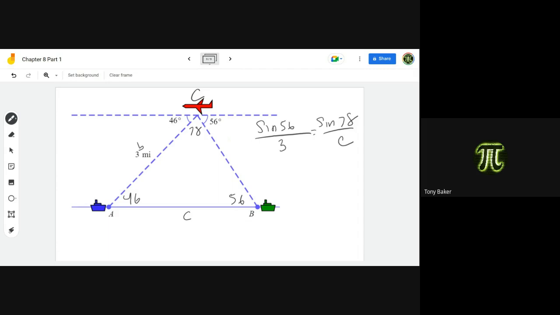Next step up. 46. So yeah, 3.5. 3.5 miles.